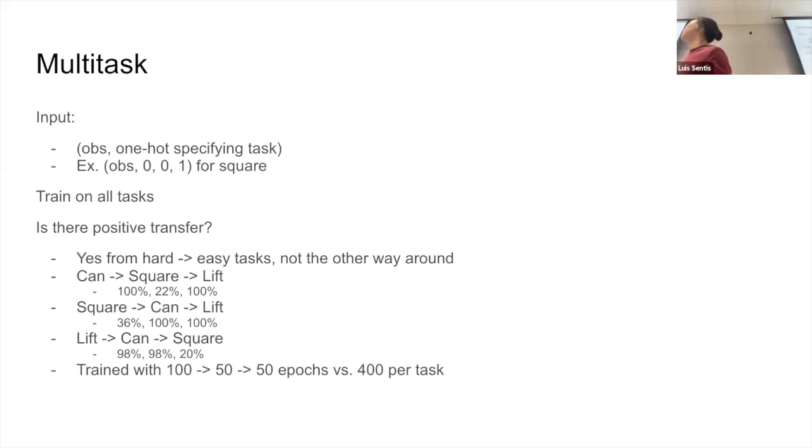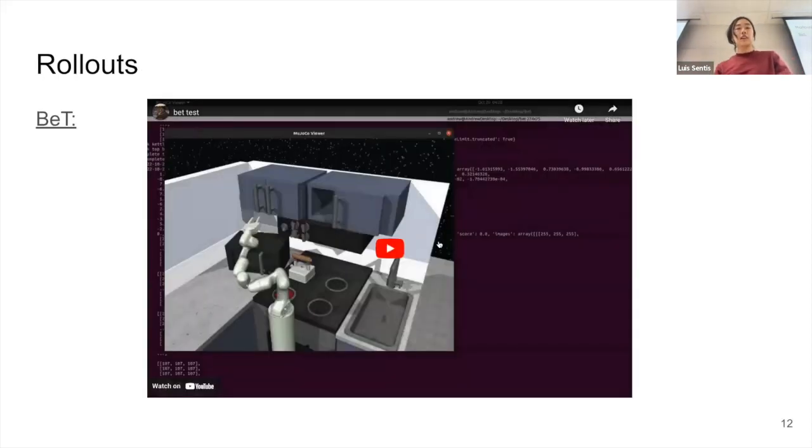But if you train on a really hard task like square, putting the square peg, you'll get 100% lift and 100% can right out of the gate. I did 100 epochs of square, then 50 epochs of can, 50 epochs of lift. It's like half the training time, and it does really well. But if you go from a really easy one like lift back down to square, you're going to have worse performance. If you train more and match the training time of a single task, it'll match. It'll be like 55.